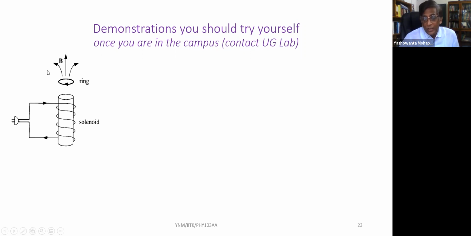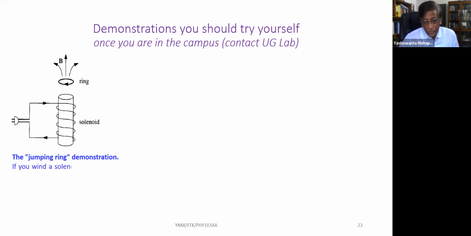Okay. So this is a famous experiment which you have in the lab. There is a solenoid, and there is a copper ring kept on top of it. As soon as you switch on the current, the ring flies off. So, the jumping ring demonstration.